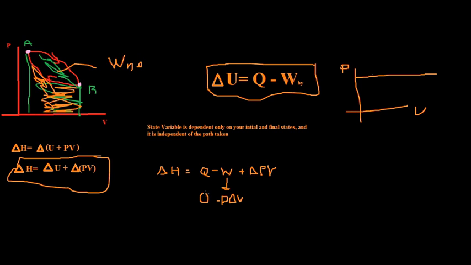So we have minus P change in V plus change in PV equals the change in enthalpy, right? So right away, what can we cancel? We could cancel these two terms because we already know they're equal. Why is it equal?